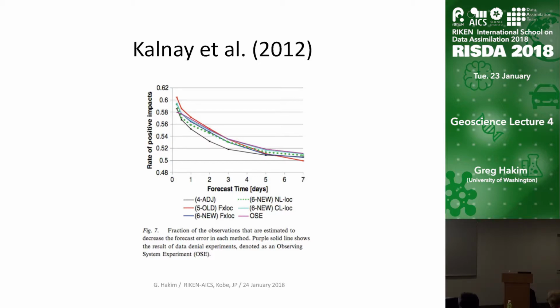You can measure that as a function of lead time from these different methods, and it's roughly about 50 to 60%, even out to a lead time of about 7 days. So it provides you with a reliable, accurate way to measure the impact that your observations have on a future state of the system that you can forecast with the model that you have.